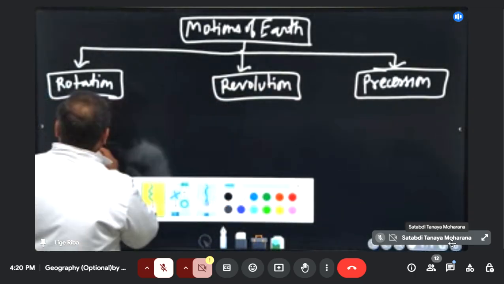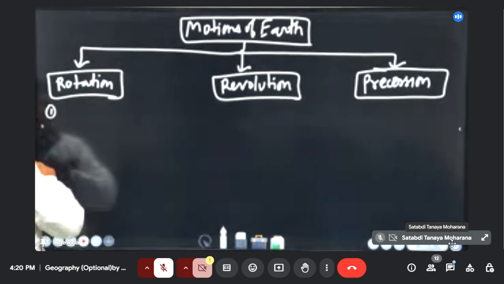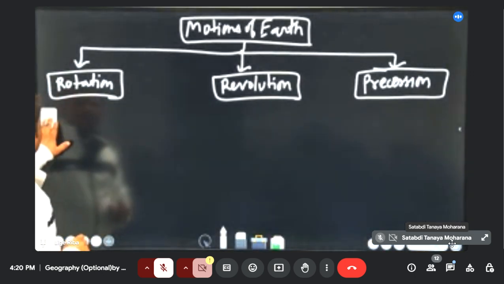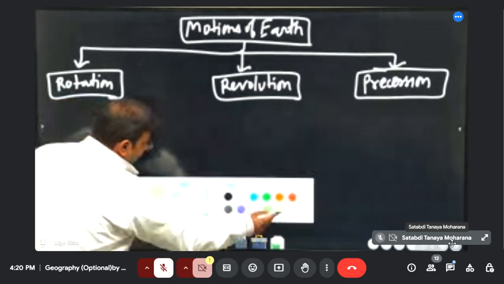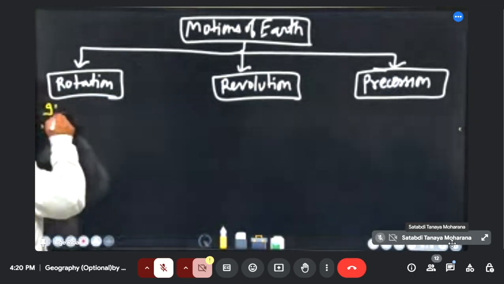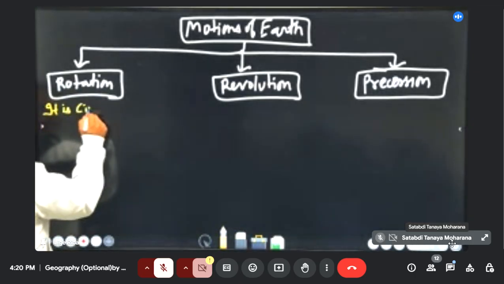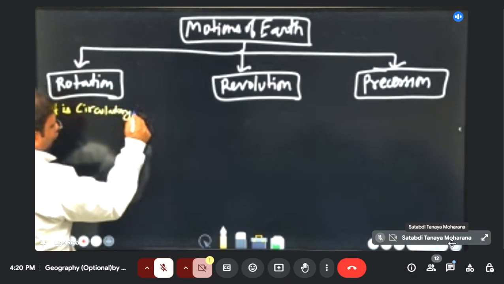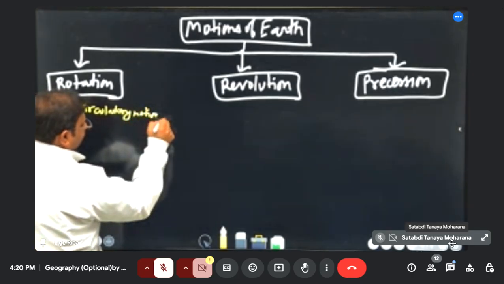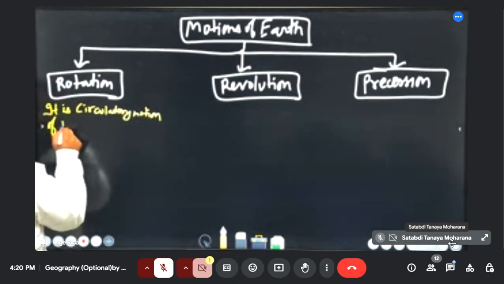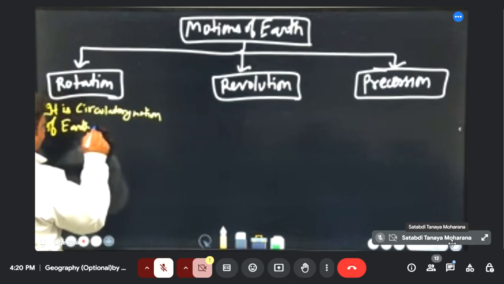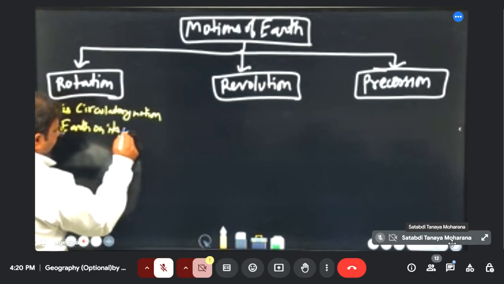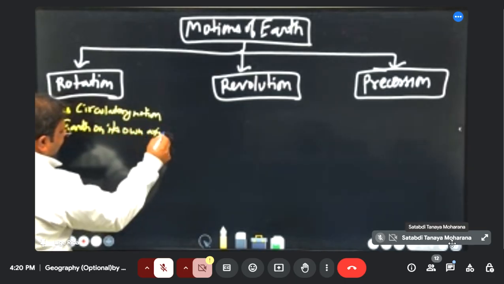So see what is rotation. Number one, I'm writing some points, or directly write the definition. It is circulatory motion of earth on its own axis.